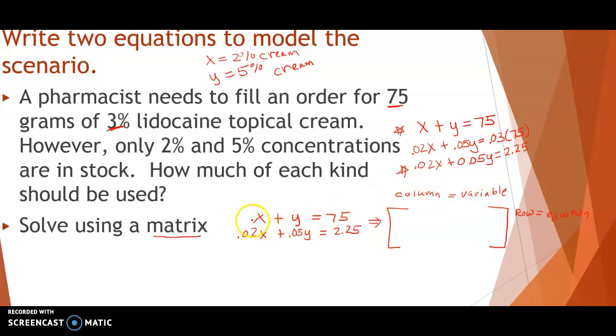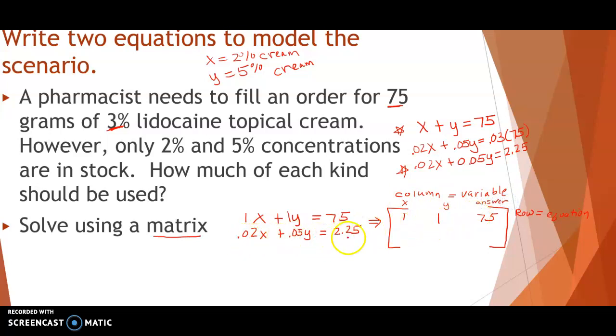So my first equation, I have to know the coefficients here. So this is 1x and this is 1y. And so I put in this matrix, my organized pattern, 1x, 1y will end up equaling 75. So this is really my x column, my y column, and my answer column.